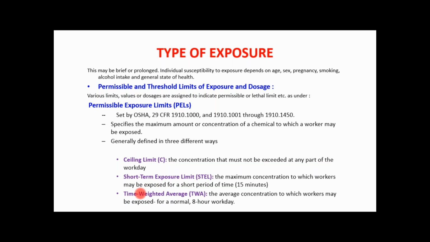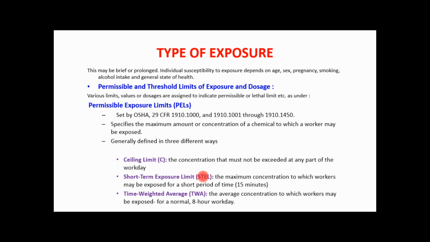So the ceiling limit is denoted by capital C, that is nothing but the concentration that must not be exceeded at any part of the workday. Normally we work for 8 hours in industry, so the maximum concentration that must not be exceeded is called the ceiling limit for that particular chemical.